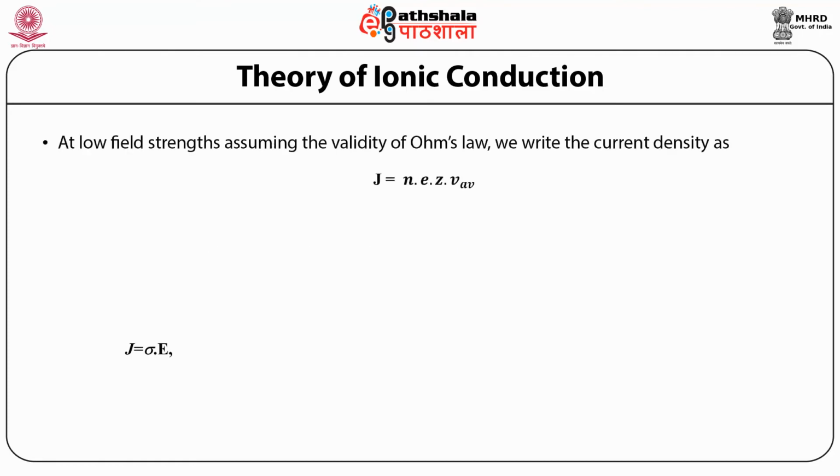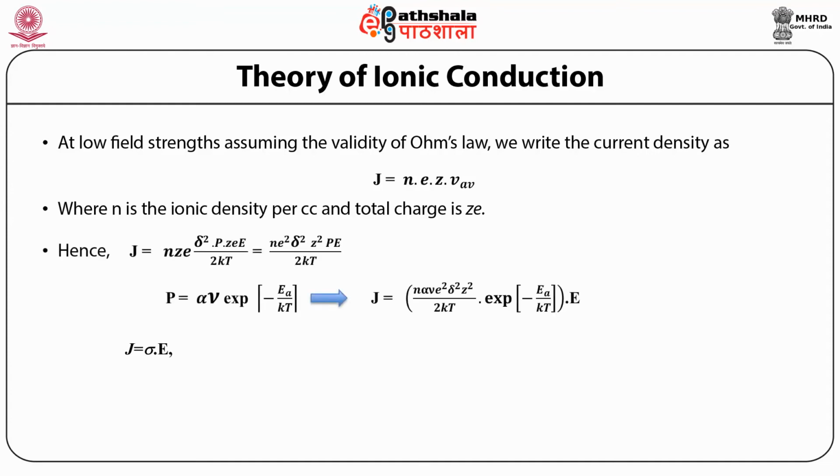Now, at low field strengths, assuming the validity of Ohm's law, we write the current density, that is J is equal to NZE into V average, where N is the ionic density per cc and total charge is Ze.